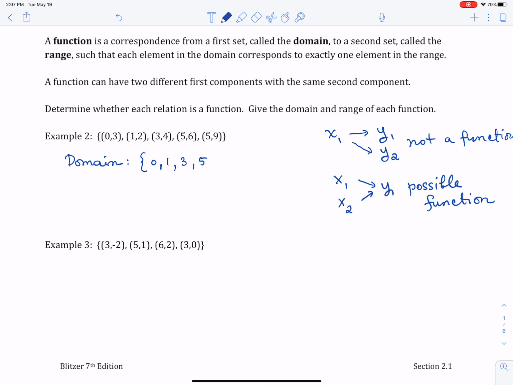However, the range consisting of 3, 2, 4, 6, and 9, 6 and 9 are produced based on the same domain value of 5. This is not possible, so that's not a function.